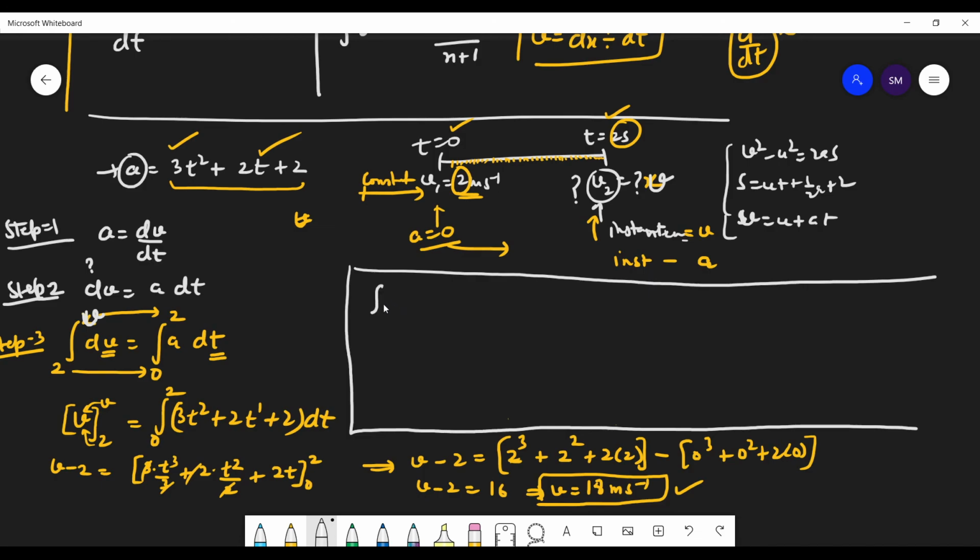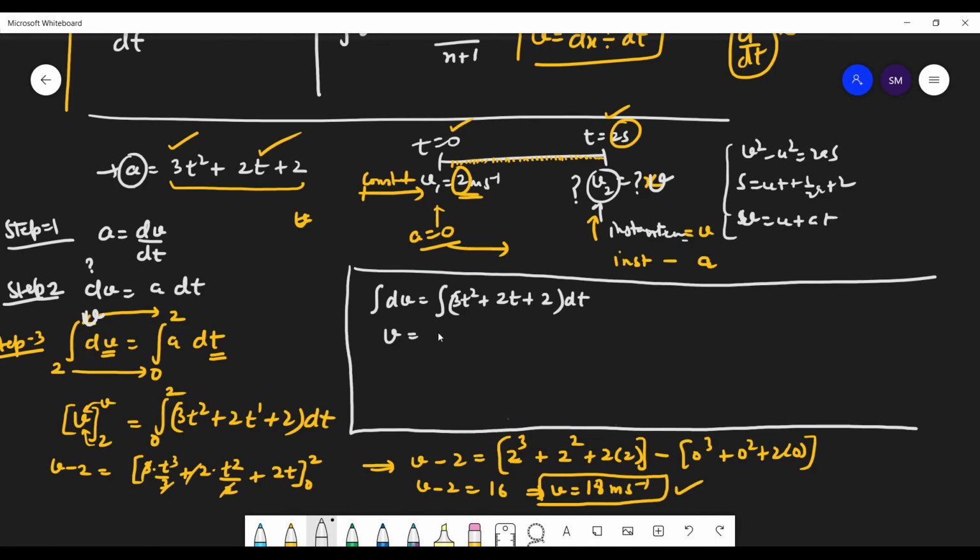So for that, don't put the limits then. So it will be dv is equals to 3t square plus 2t plus 2 into dt. So this is indefinite integral, students. What's the difference? Let us see. This change in velocity, as I told you, keep on adding this. So that's v.